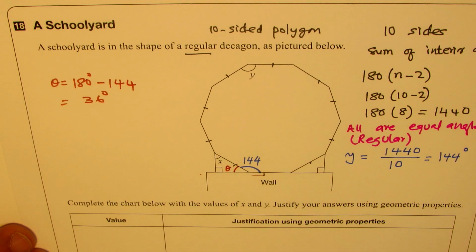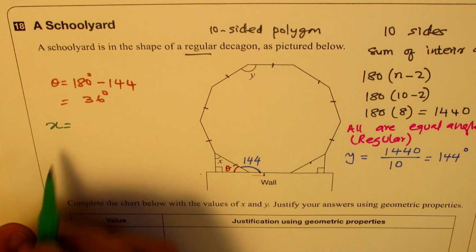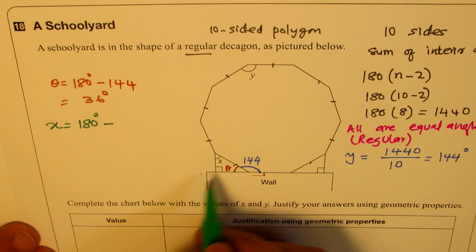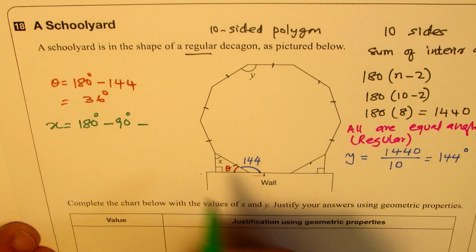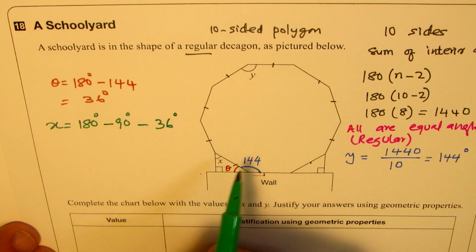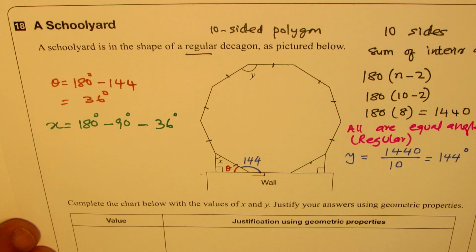Now, what is the angle x which we need to find? Angle x should be 180 degrees minus 90, which is given to us, minus what we found theta as 36 degrees, right? Since sum of angles is 180, right? So let's calculate this.